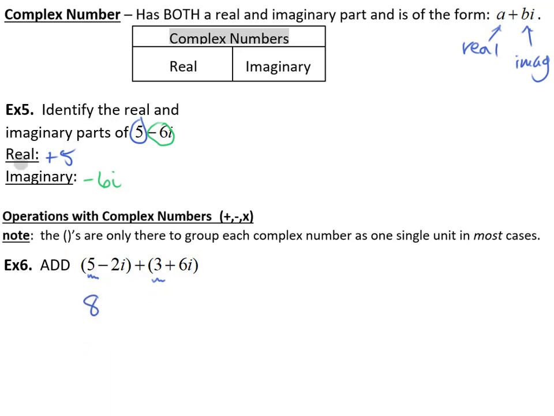Then we're going to come back for the imaginaries, negative 2i and positive 6i, and we're going to add the imaginaries, which gives us positive 4i. But we have to make sure the real is first and the imaginary is second. And there we go. 8 plus 4i. That's our answer.